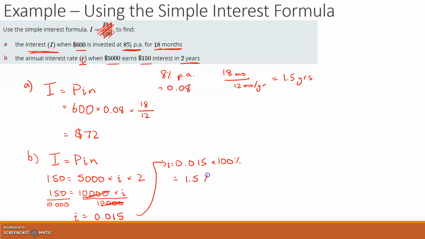And then I get 1.5%. So that means in B, they were asking us what annual interest rate would be able to make $150 of interest from 5,000 over the course of 2 years. And the answer is 1.5%. So that's the interest rate needed to make $150 worth of interest on that 5,000.